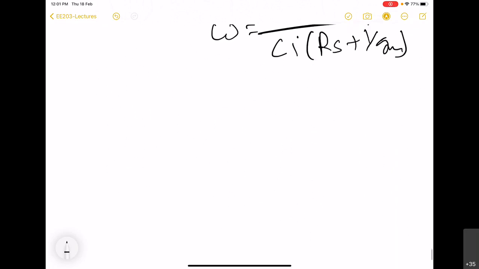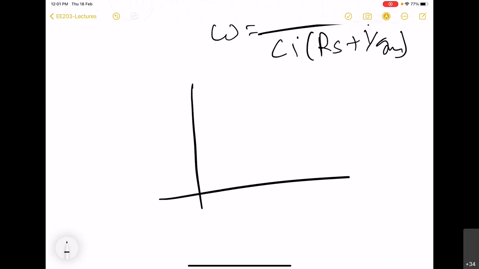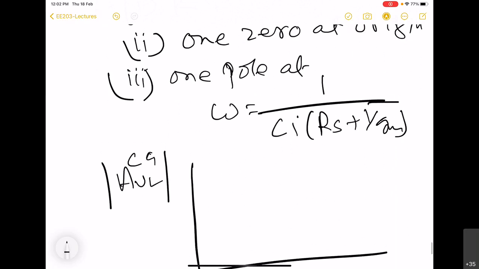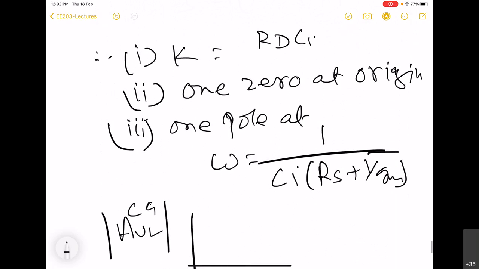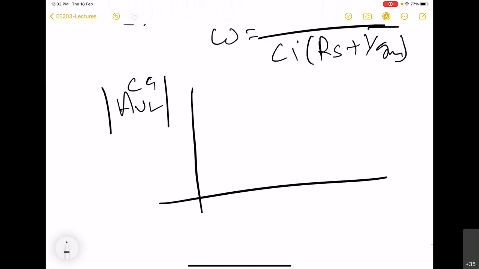Right. So in this case, when we do the Bode plot of AV at low frequency for the common gate amplifier, in the beginning the low frequency response will be decided by this zero. So the frequency response is going to be like this.